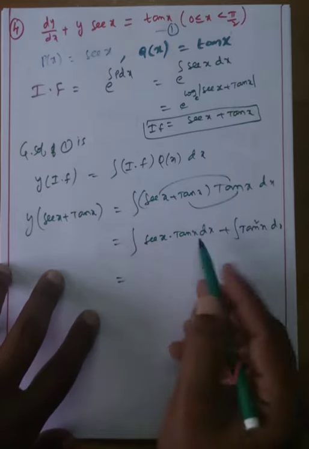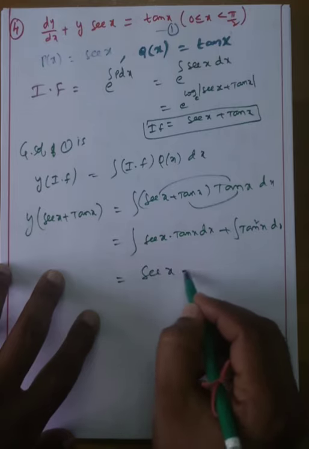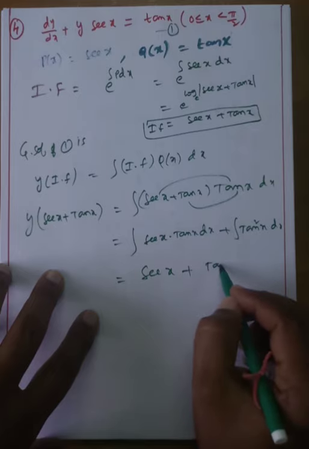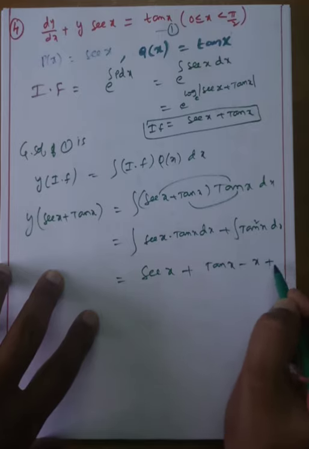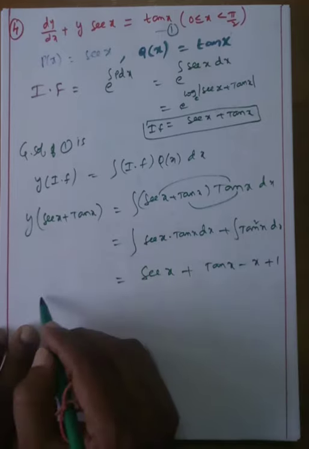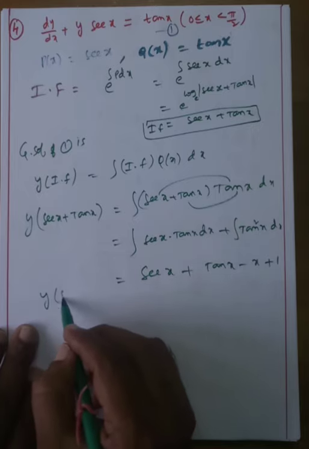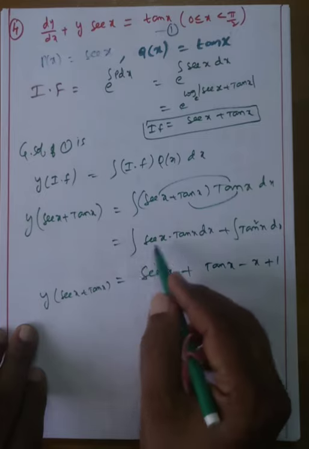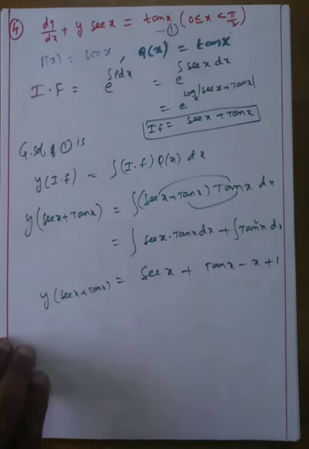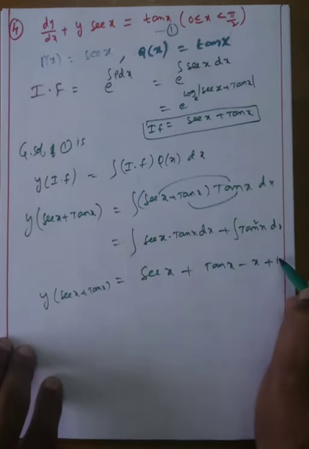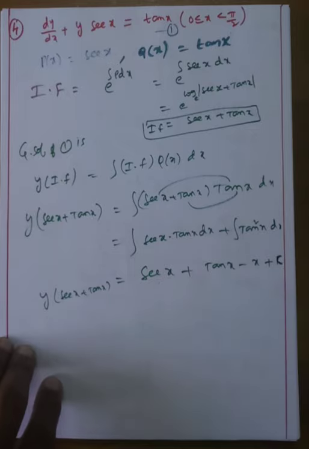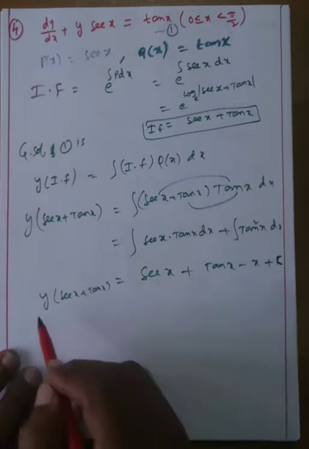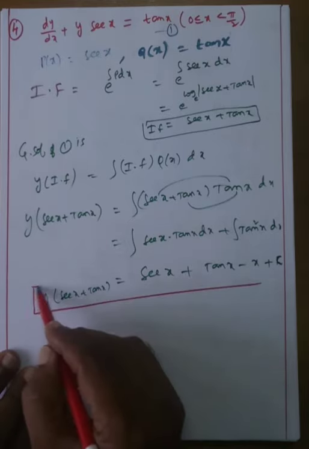The integral of secant x into tan x is secant x. Integral of tan square x means secant square x minus 1, that is tan x minus x. Plus c1. Okay, my dear students, this is the answer for this question.